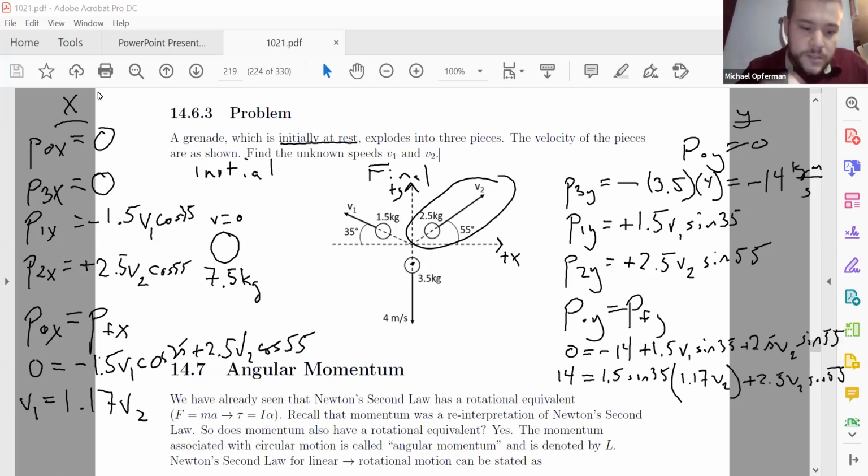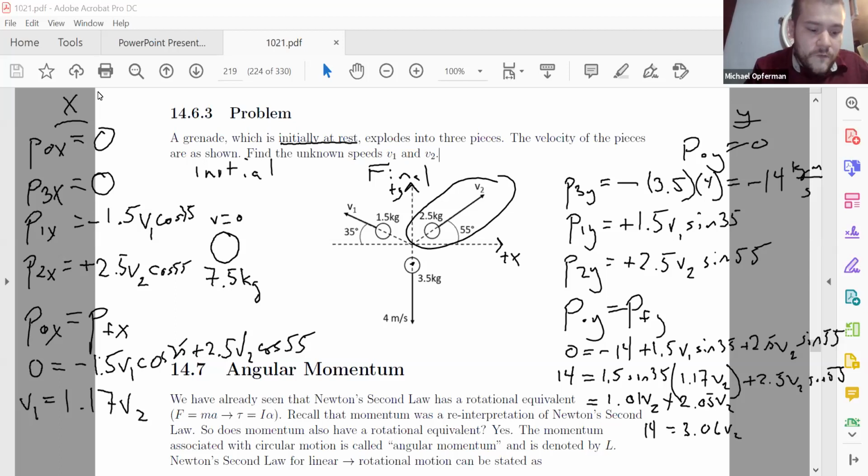Then crunch these numbers, 1.5 times sine of 35 times 1.17 is 1.01 v2 plus 2.5 times sine of 55 is 2.05 V2, which means we have 14 equals 3.06 V2.